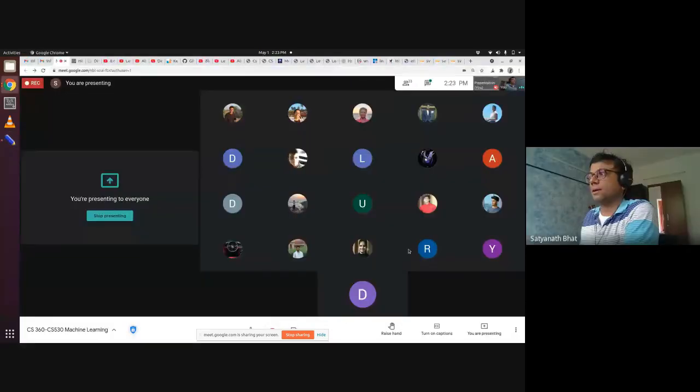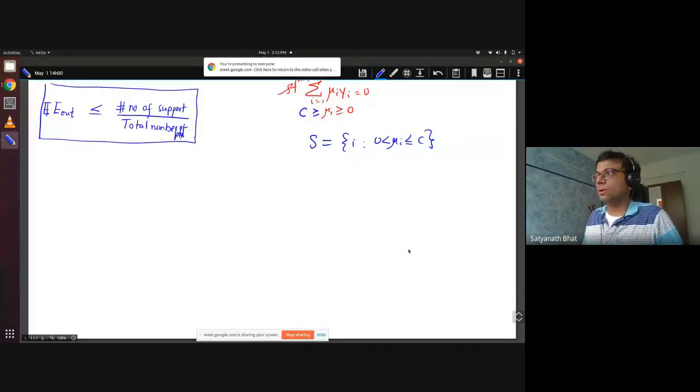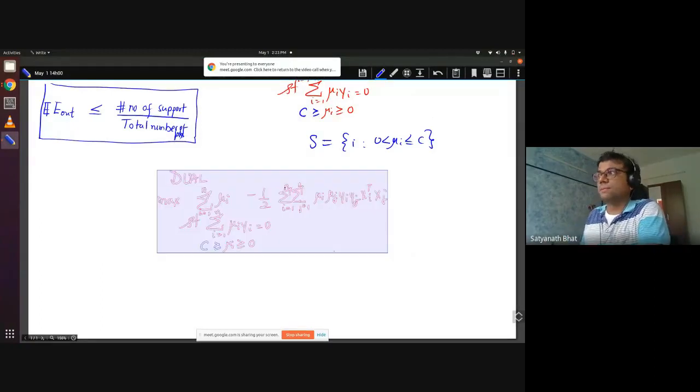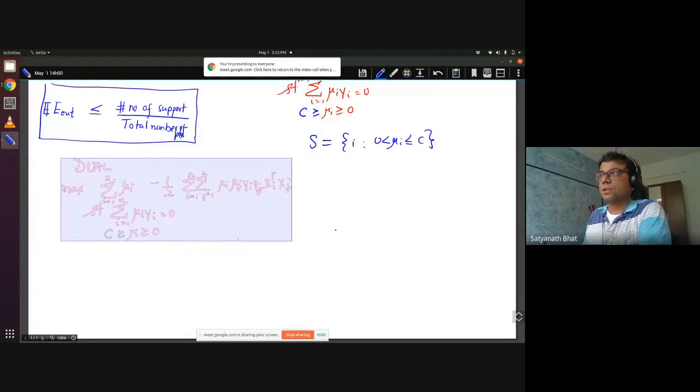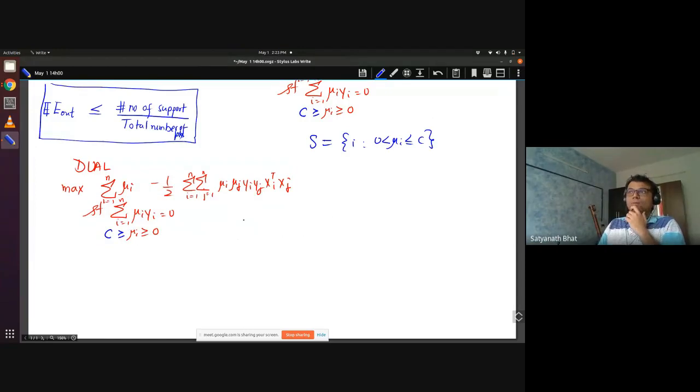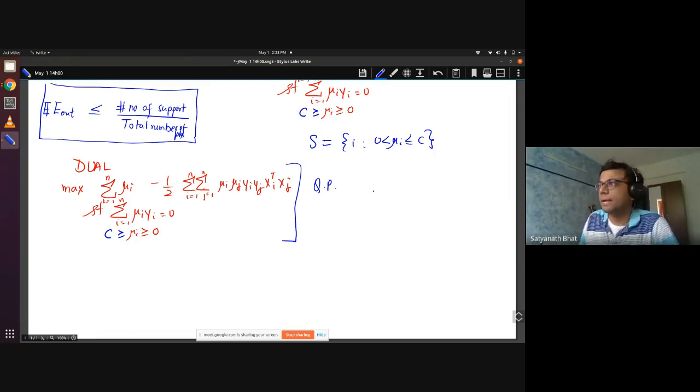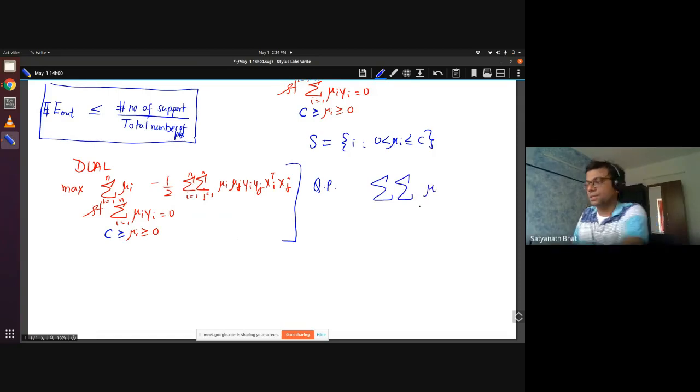Okay. Now coming back to kernel SVM. Let us first of all understand why these kinds of problems are called QPs.